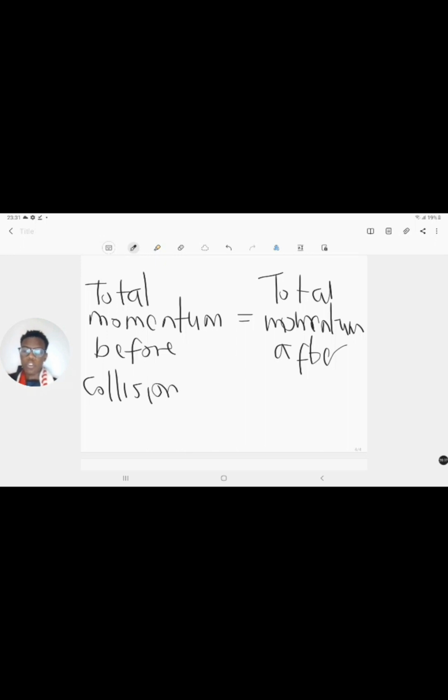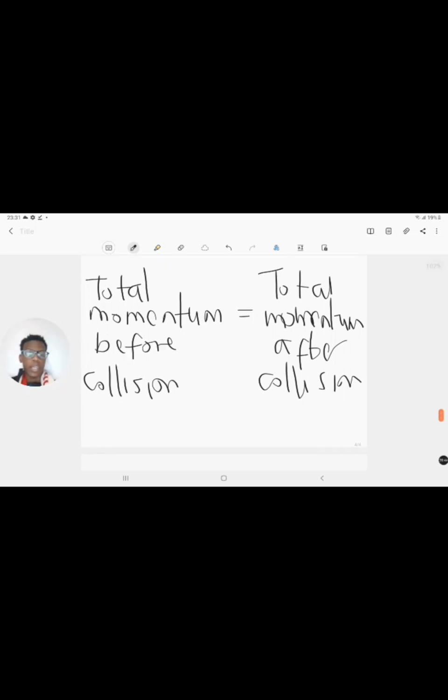Total momentum before collision is equal to total momentum after collision. Okay, what is the total momentum before collision? Well, total momentum before collision is the momentum of the car plus the momentum of the truck, which is equal to, what is the total momentum after the collision? It's the momentum of the car plus the momentum of the truck.